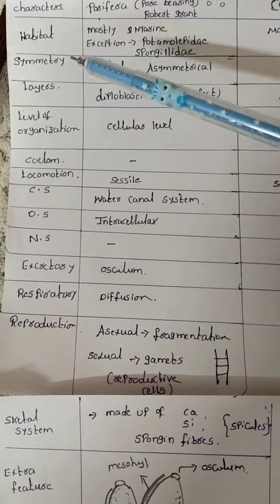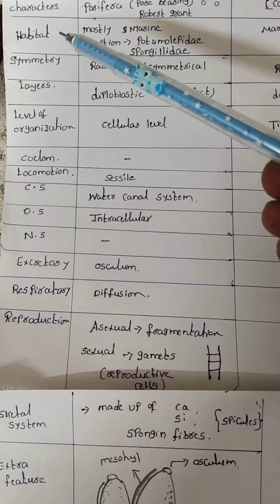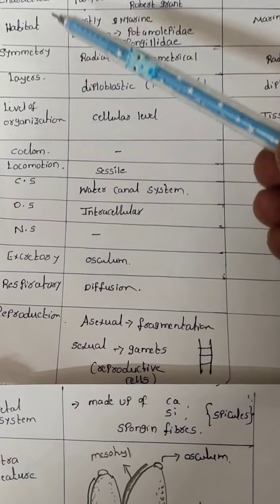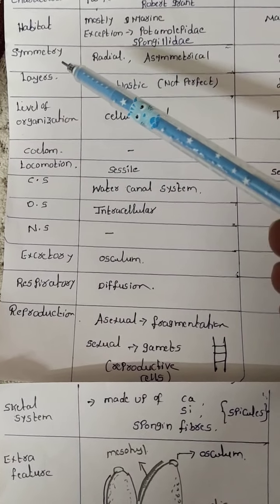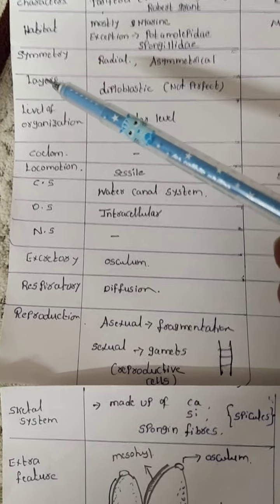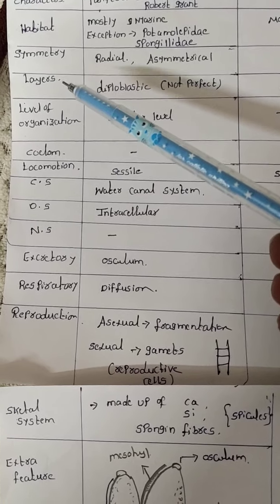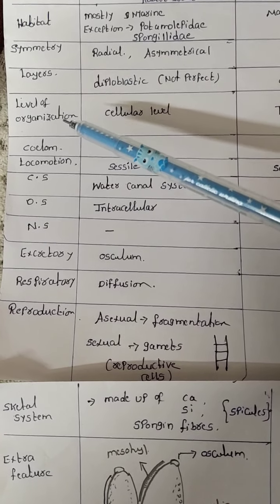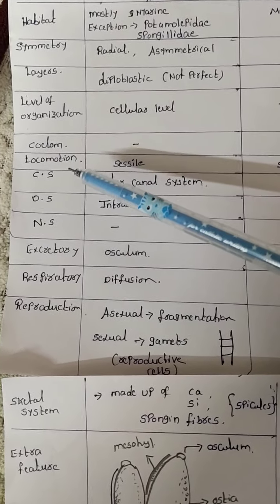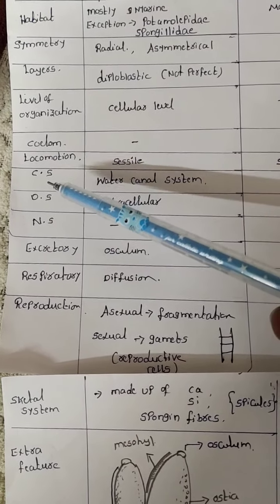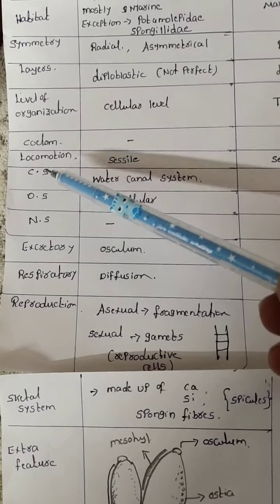See, the first character is the habitat, where the organism is living. The second one is the symmetry, which I already said. The third one is the layers. The next one is the level of organization. The next one is coelom. The next one is locomotion. The next one is CS, meaning circulatory system.